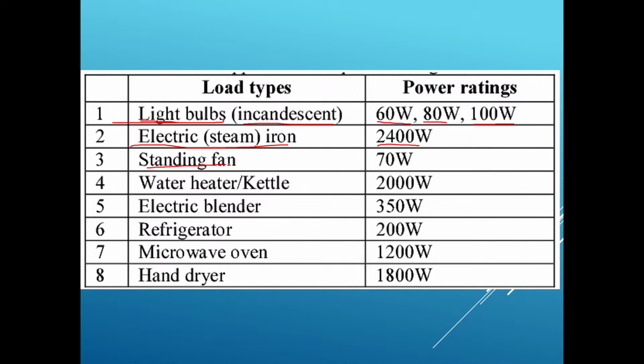A standing fan is 70 watts. A water heater or kettle is around 2000 watts. An electric blender is 350 watts. A refrigerator is 200 watts. A microwave is 1200 watts. A hand dryer is around 1800 watts.